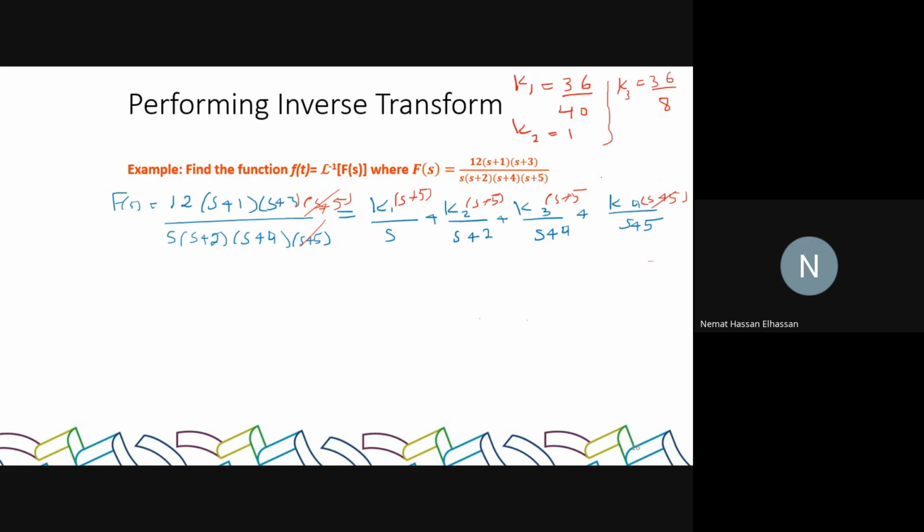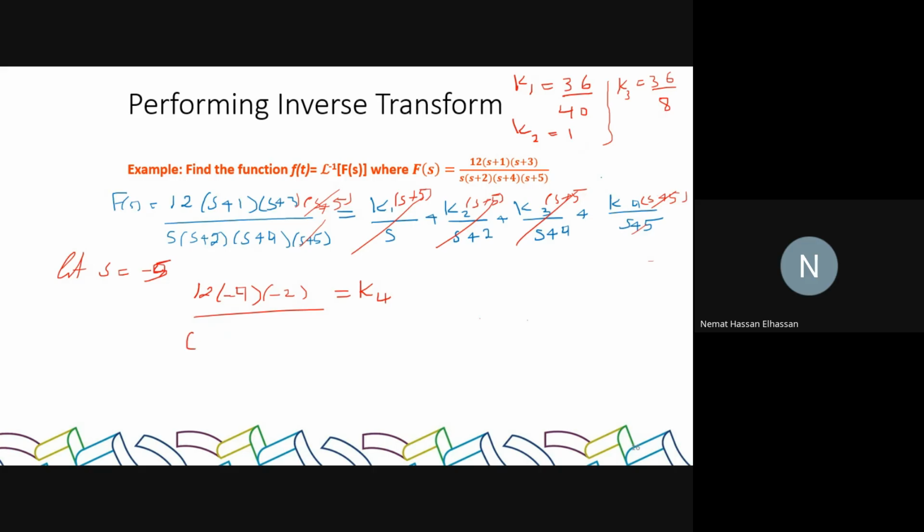These two will cancel each other out, and then let S equal minus 5, which means that these three are zeros, which means that K4 is equal to 12 times minus 4, and then minus 5 plus 3, which is minus 2.